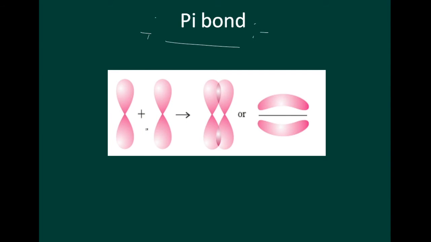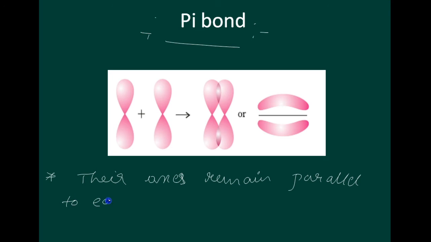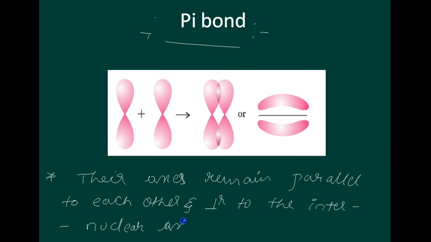In the formation of the pi bond, the atomic orbitals overlap in such a way that their axes remain parallel to each other and perpendicular to the internuclear axis. So this is about the pi bond.